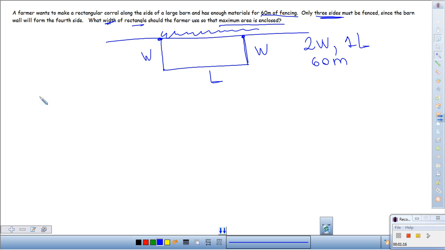Now, if we think of what the 60 meters represents, the 60 meters is the outside perimeter of that enclosure. So the perimeter of the enclosure is 2 widths plus a length. Now let's label our width with x, and let's see if we can represent one of the dimensions using the other one.